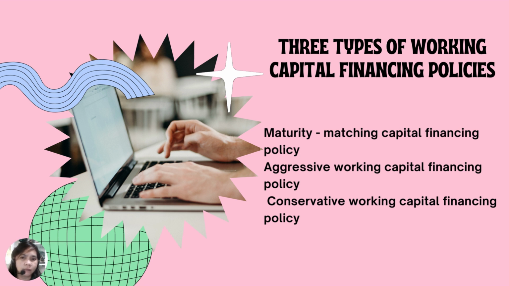So kung ang gagamitin po is the permanent working capital, yung sa maturity, okay, yung match po niyan is a long-term sources, financed by long-term sources. Kung temporary working capital naman po yung maturity na gagamitin, yan po ay imamatch sa financing by short-term sources. Okay?